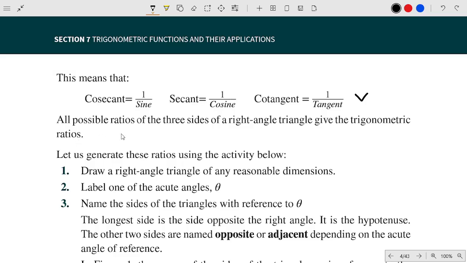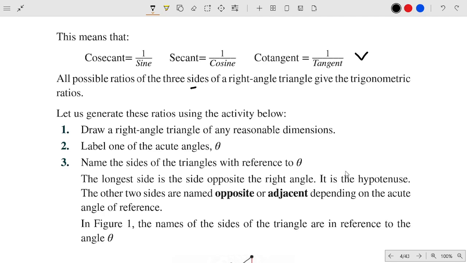All possible ratios of the 3 sides of a right angle triangle give the trigonometric ratios. Let us use the right angle triangle to generate the ratios.